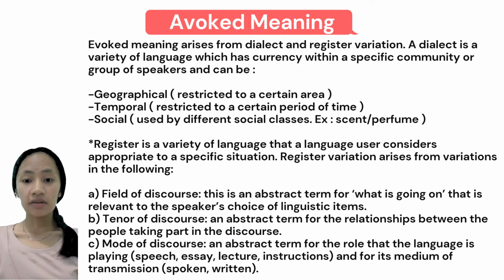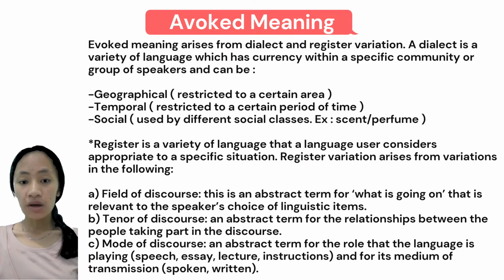Register variation arises from variation in the following: A. Field of discourse. This is an abstract term for what is going on that is relevant to the speaker's choice of linguistic items. B is tenor of discourse, an abstract term for the relationship between the people taking part in the discourse.